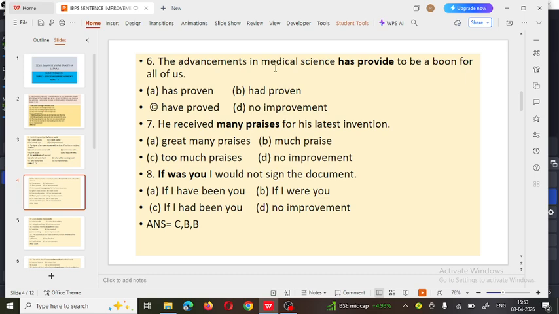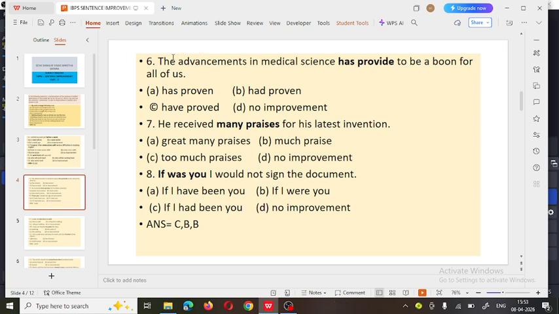The advancements in medical science has proved to be a boon for all of us. What do you mean by boon? Cursed and boon are opposite words. Now let's see, "has proved" is the bolded words here.